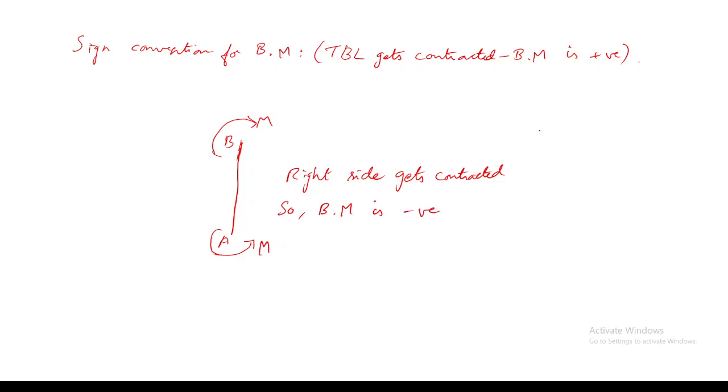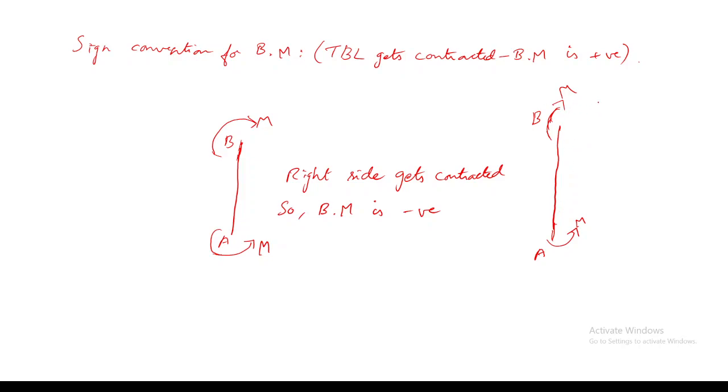Similarly, for this case, again the same beam I am drawing, and let's say this is point A and this is point B, and now I am having a bending moment like this. You can imagine this bending moment, right?